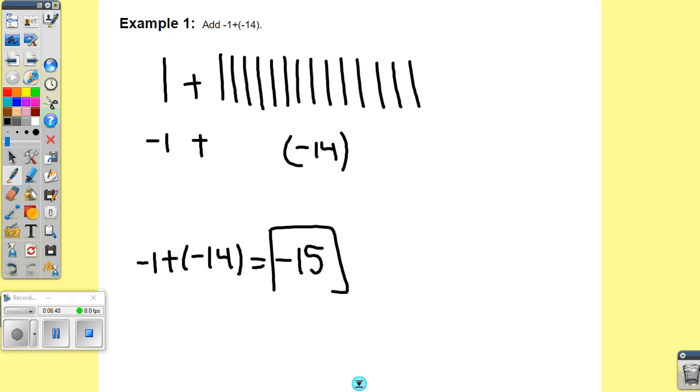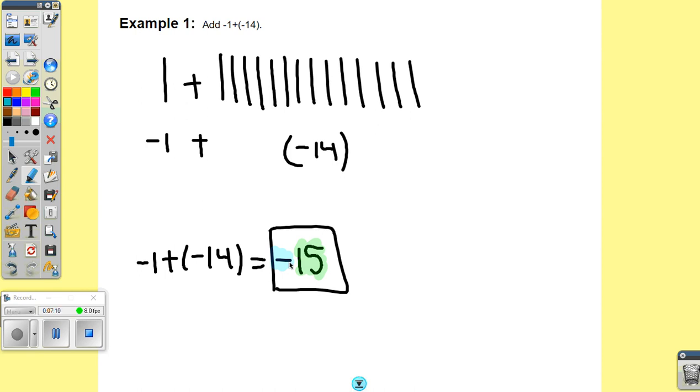All right, so I would like to expand on this just a little bit more. So we know that the answer is 15 because there's 15 popsicle sticks on our desk. We know that it's -15 because the popsicle sticks are all black. So remember, black represents the negative numbers, red represents the positive numbers.